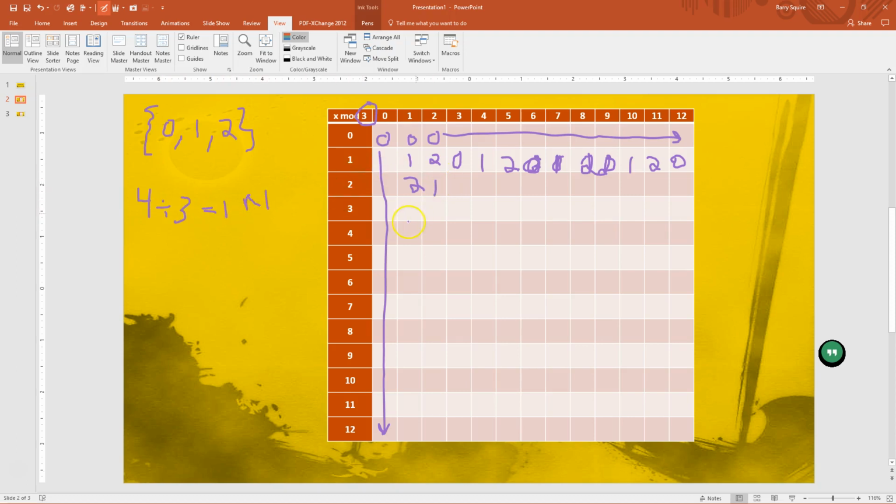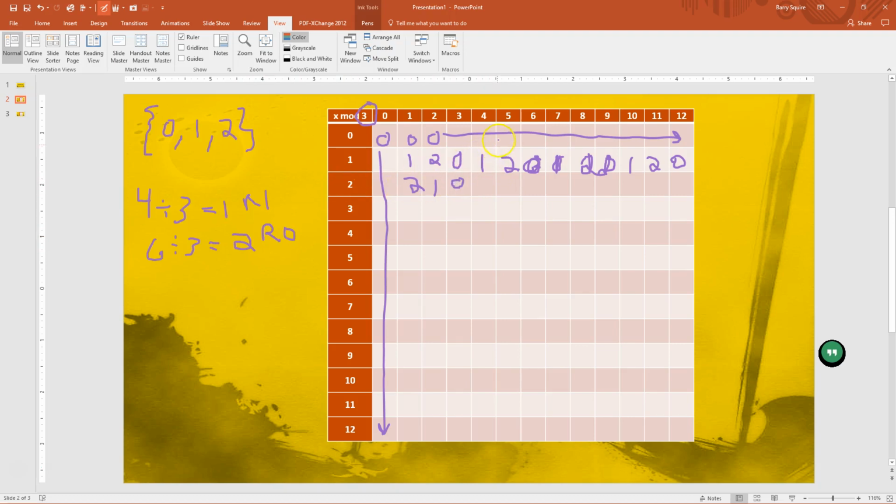So here we go. 2 times 3, well, that's 6. 6 divided by 3, that's going to be 2 with a remainder of 0. So here we have a 0.